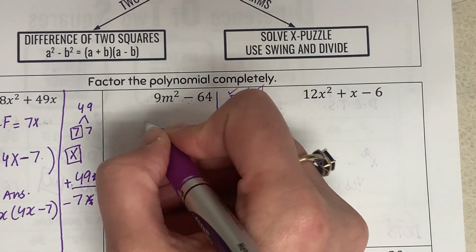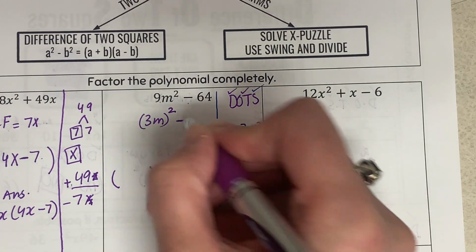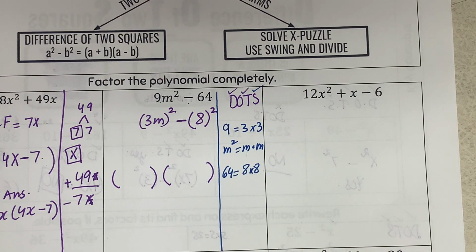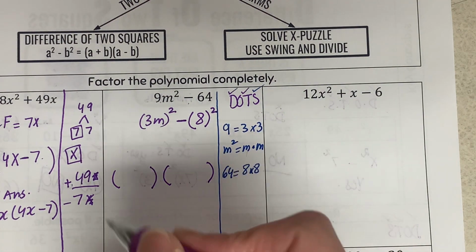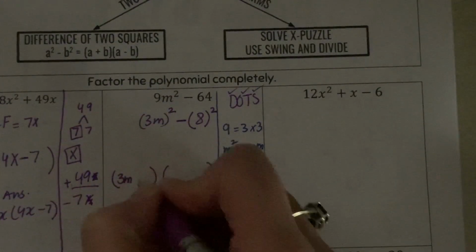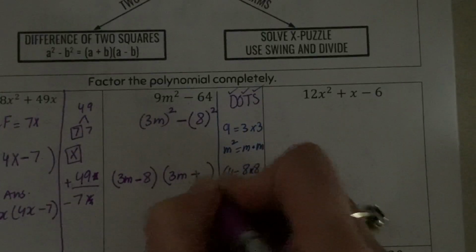So 9m squared is 3m whole squared minus 64 is 8 squared. So I rewrote it. Now I'm going to write it as 2 sets of parentheses, one with the minus, one with the plus. So 3m minus 8, 3m plus 8.